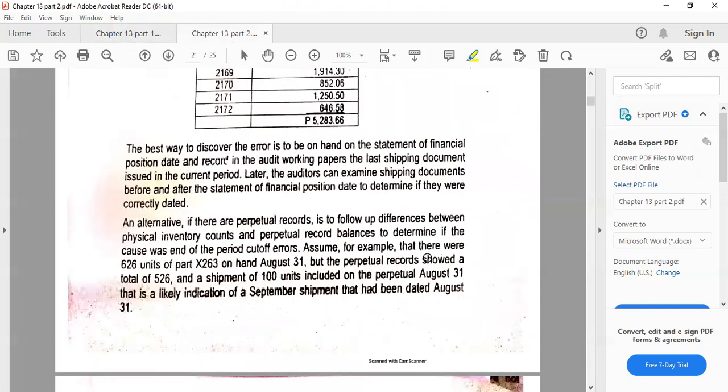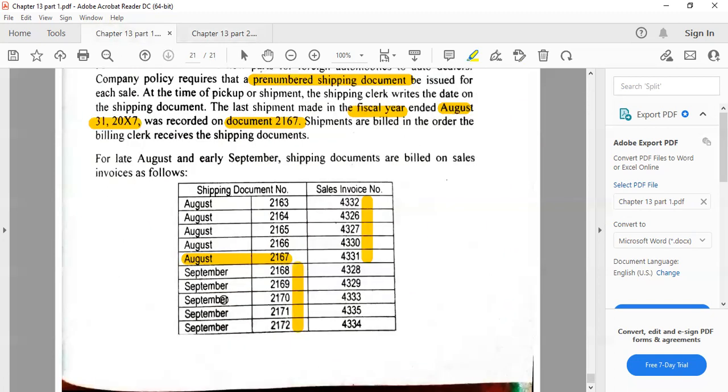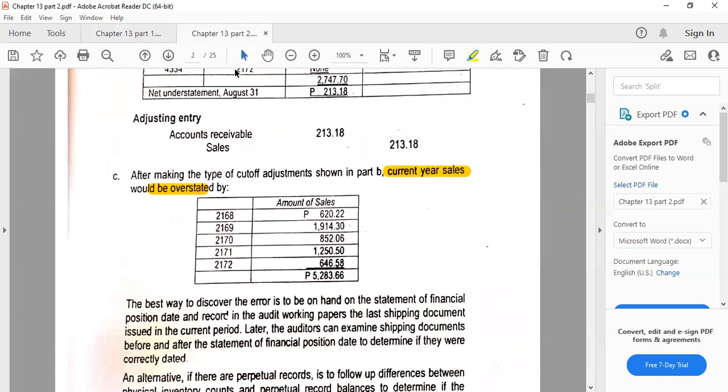So, may effect. So, the current year sales will be overstated. Kaya kung August ni siya, imbis September gid unta siya gi-ship, but August niya nabutang, that means that the corresponding sales invoices will also be recorded in August, which will make our sales overstated. Okay, supposedly September naman siya.